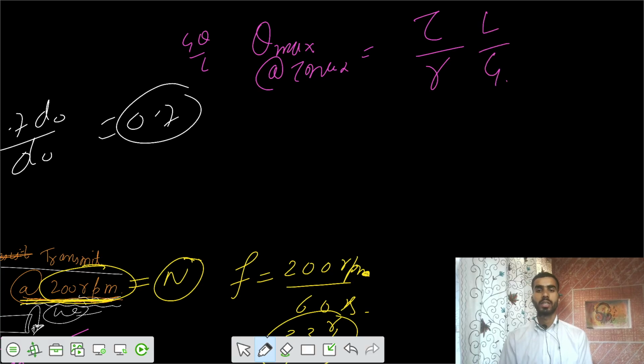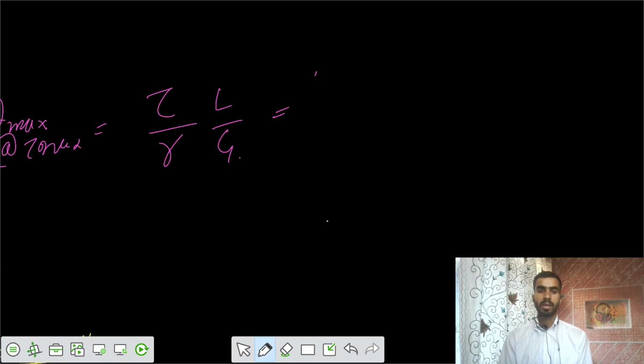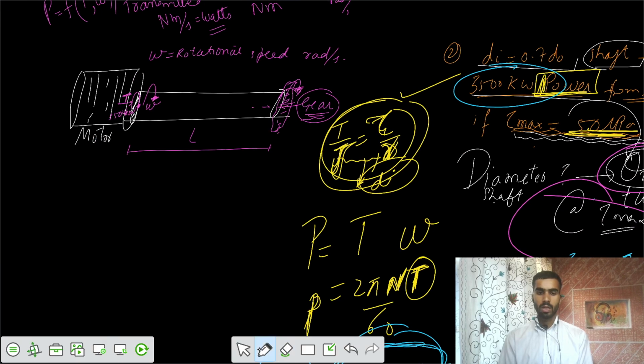So you got this equation. The value of tau was the maximum tau, 50 megapascal, provided in the question. The length L was 4 meter, and the value of G was 80 gigapascal. So let's use those values.